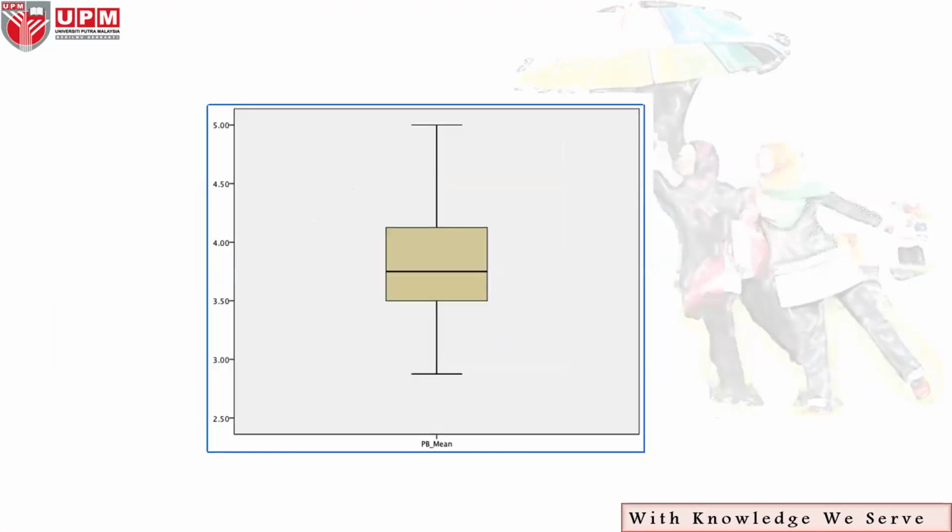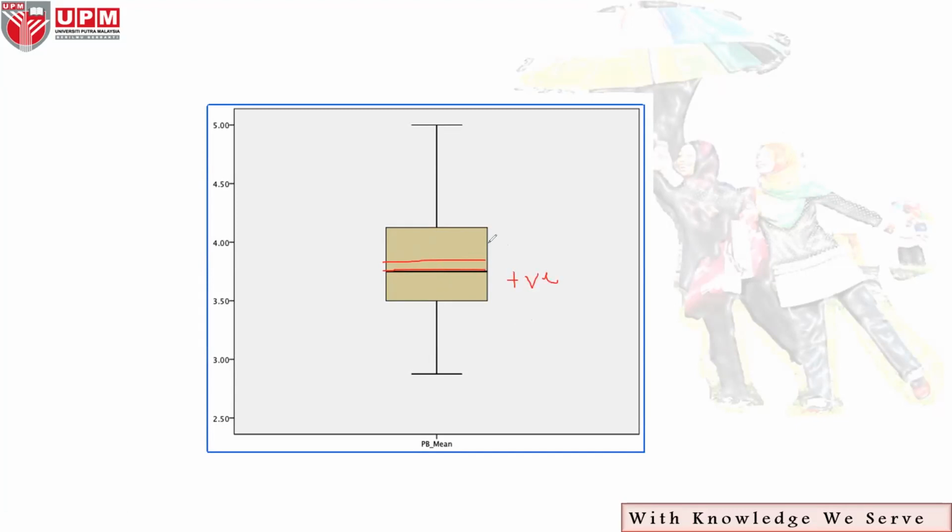Box plot. Okay. This is another strategy to report your normality, in which you report the box plot. To read the box plot, if the line here is located truly at the middle of the box, then we can say that our data are normal. And if, let's say, our data is slightly downward, then this one is positively skewed.